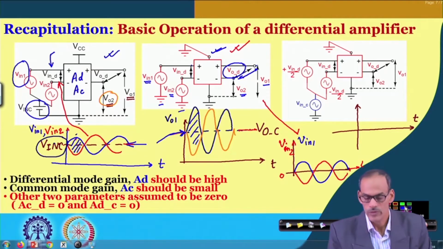And so, whenever we are focusing on signal, we are assuming that this DC level is aligned with 0, and we are focusing on the signal part.